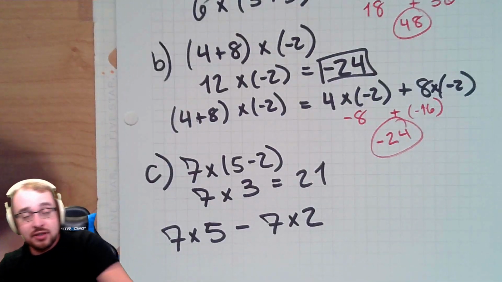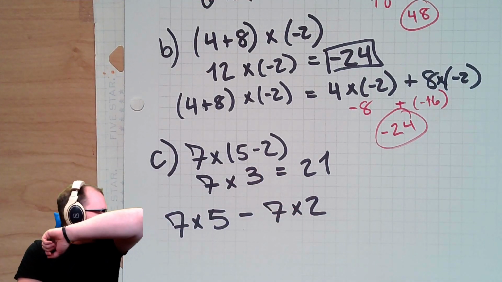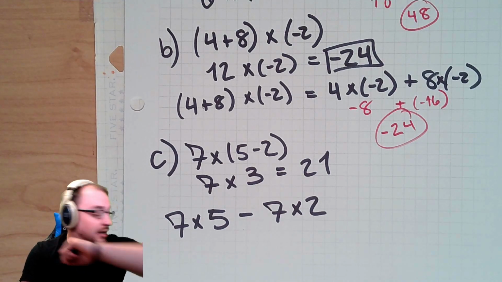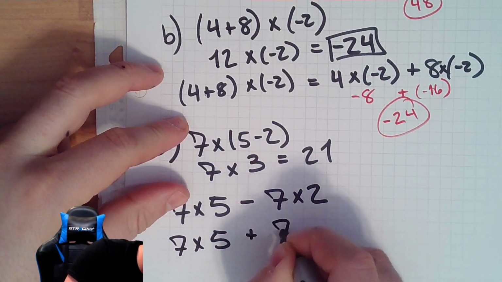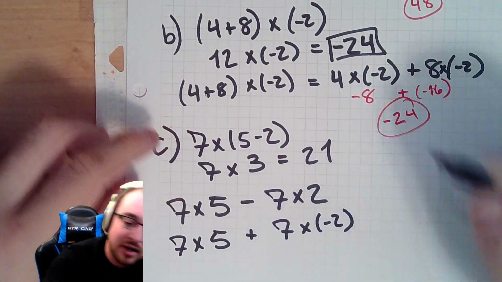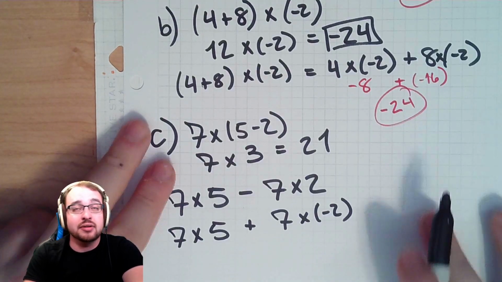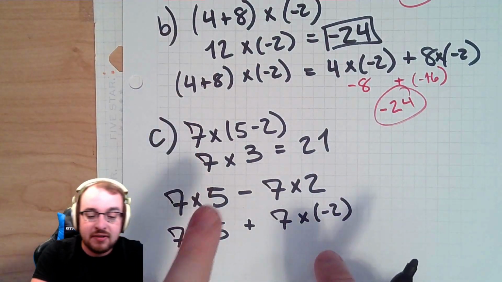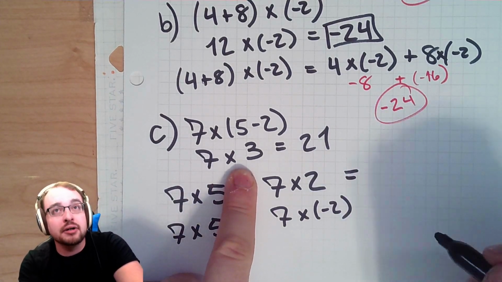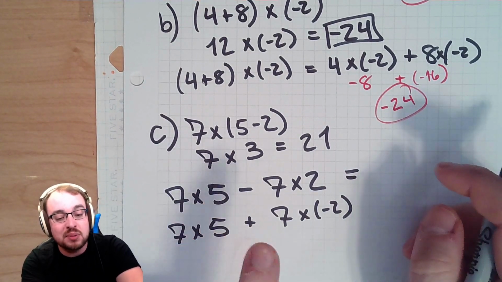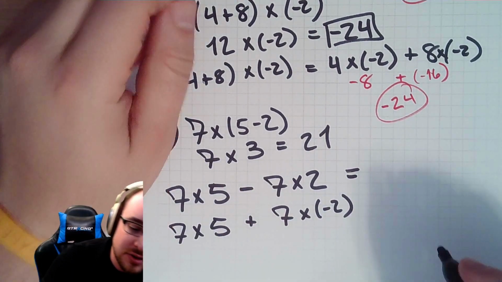Another way you might think of it, instead of 7 5's minus 7 2's, is you might think of it as 7 5's plus 7 negative 2's, right? 7 5's, 7 negative 2's, and we're going to add those together. Either way works, because 5 7's minus 2 7's should be 3 7's, right? Same thing we got here. Or 5 7's plus negative 2 7's would also be 3 7's. So either way, we'll get the same answer.